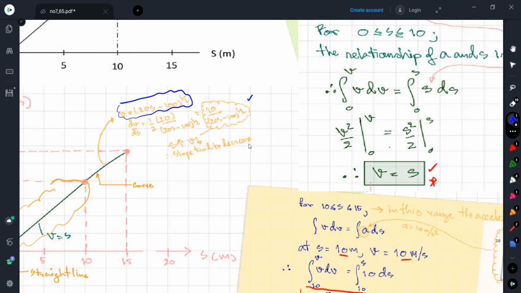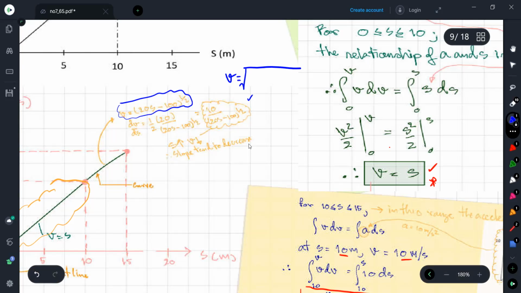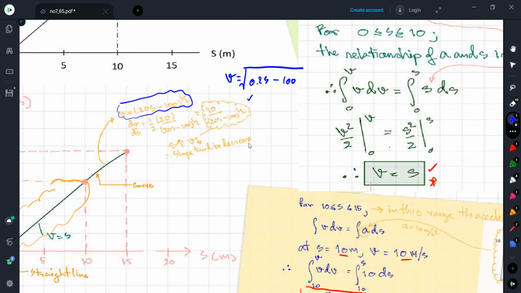We have no idea about the function in this term, the square root of 20S minus 100, so we would like to plot this graph.